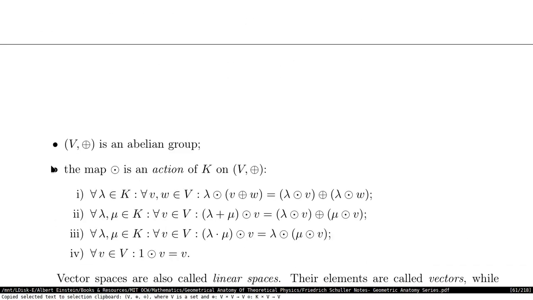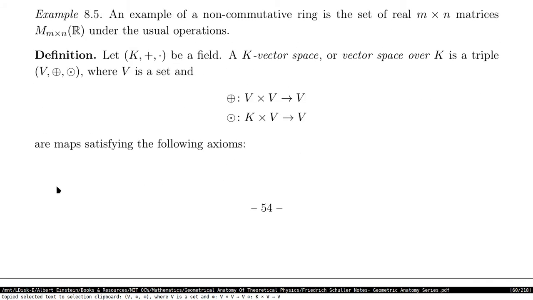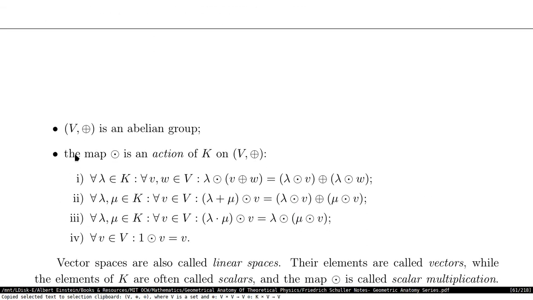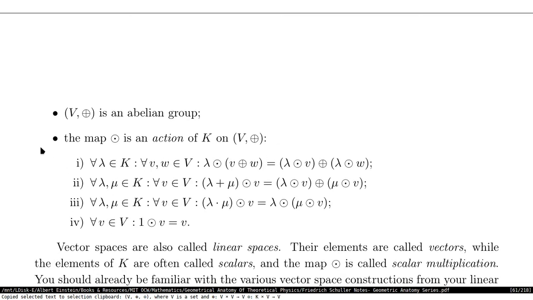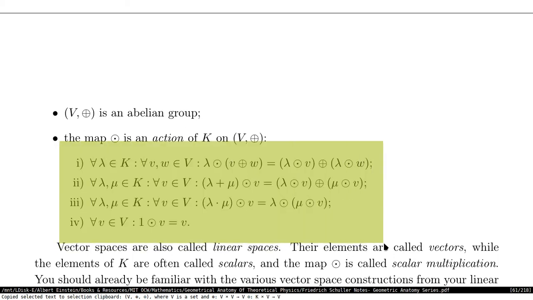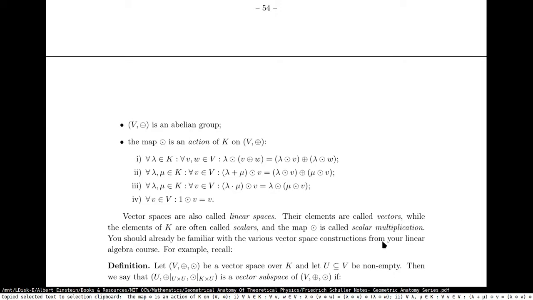And you have to show that you have an additive abelian group, and this scalar multiplication is an action of the field on the additive abelian group, right? So you have to satisfy these conditions. Rotman doesn't do it.